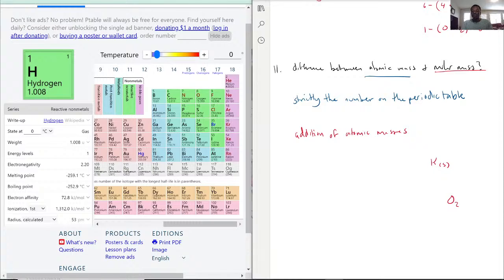So now, instead of it being one atom like what we have here, we have two of the atomic masses of oxygen. So the molar mass of oxygen is actually 31.998, because oxygen shows up as a molecule in nature. That is its molecular structure, O2.